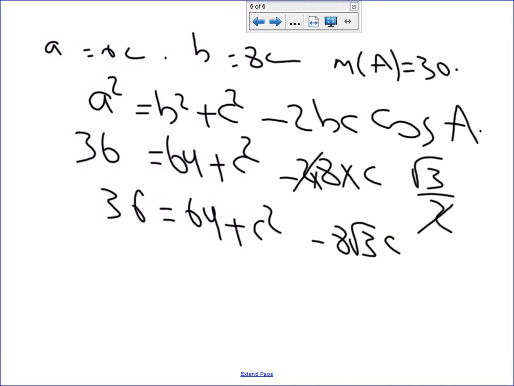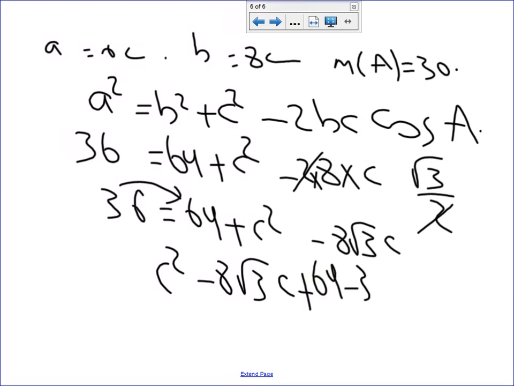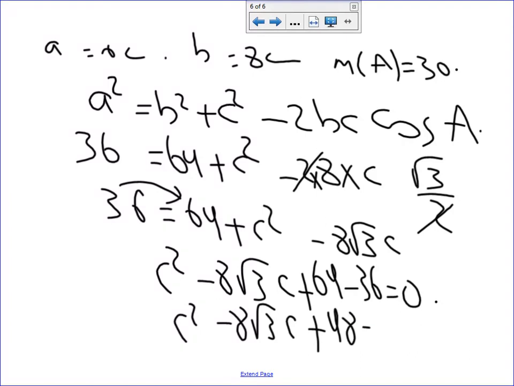Putting everything on one side, I move the 36 over: 64 minus 36 gives 28, so C squared minus 8 root 3 C plus 28 equals 0.